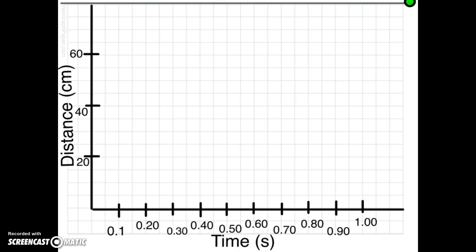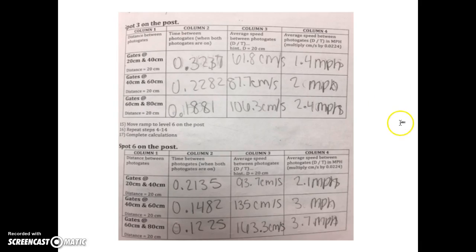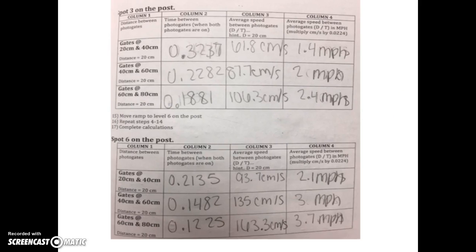So I'm going to show you an example of a student's work, and I'm going to graph this student's work. You're going to use this example to graph your own data. Again, do not copy my graph exactly because this data will not be exact to yours.